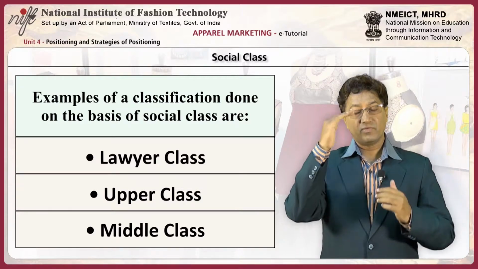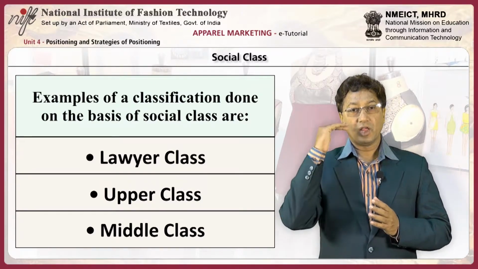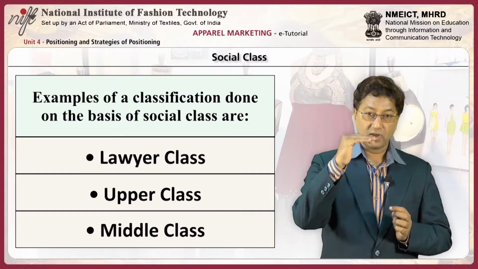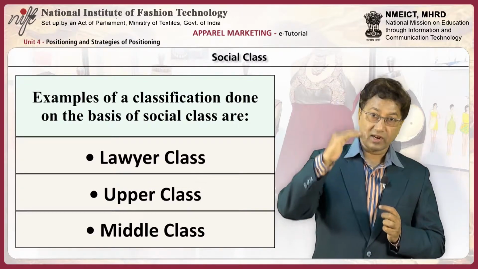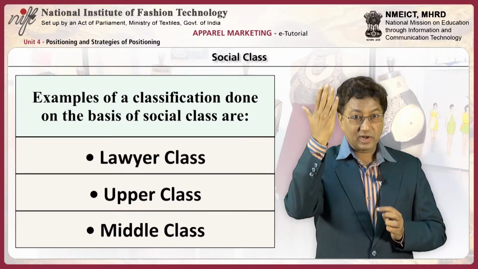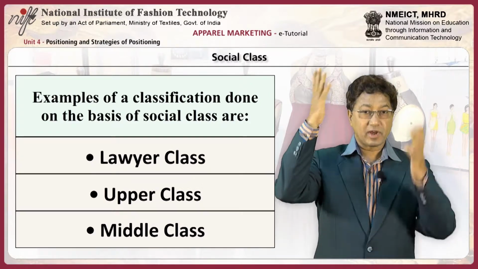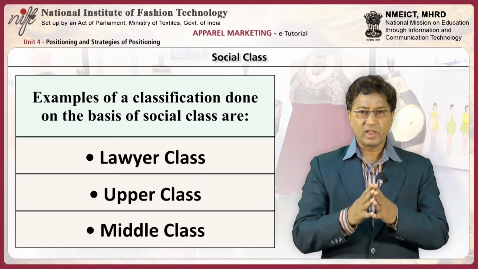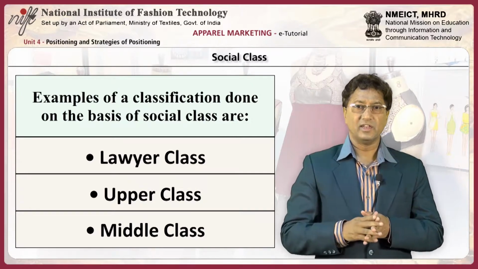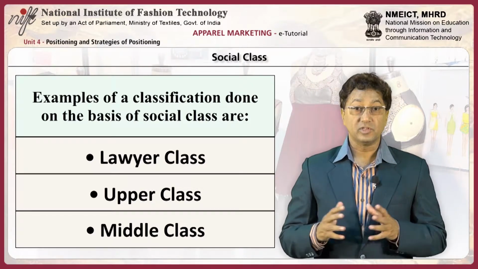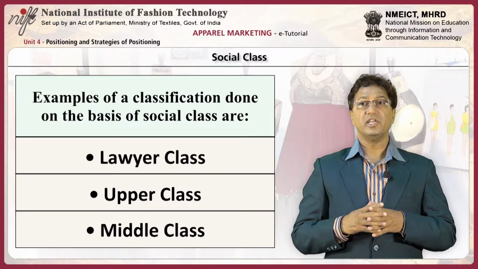Today it has gone further division, like lower middle, middle class, upper middle class, lower upper, upper, that is creamy layer, etc. Whatever the needs and wants, again would differ depending upon the social class to which they belong to.